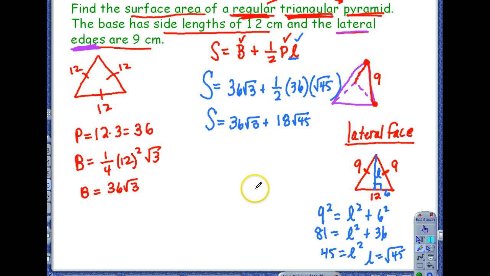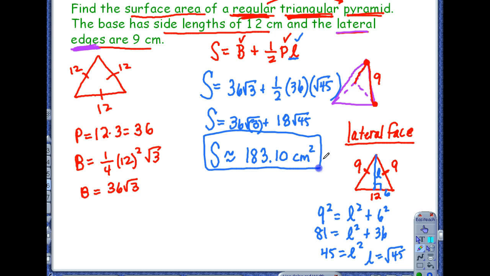When you type this in your calculator, be very careful. When you put the radical sign, there's an open parenthesis, so close it. Then we get approximately 183.10, and this is centimeters squared.